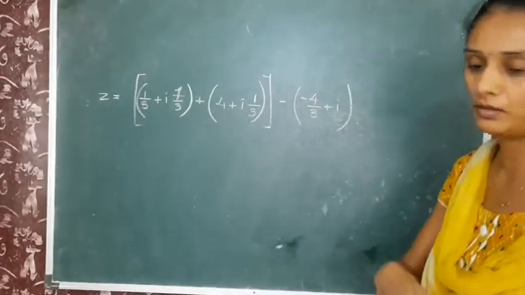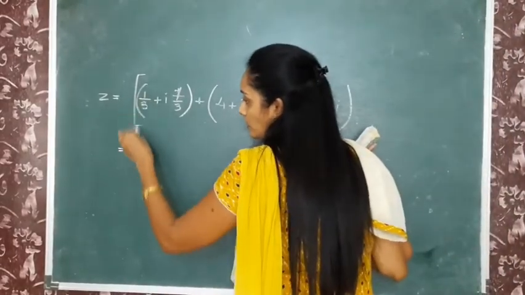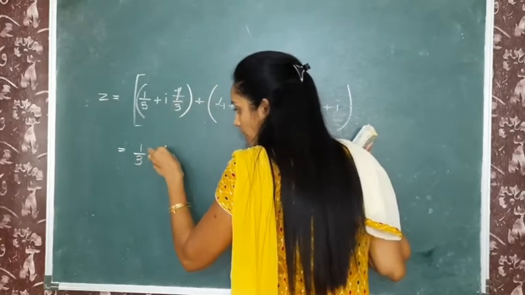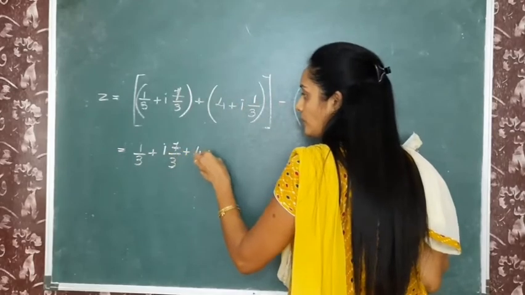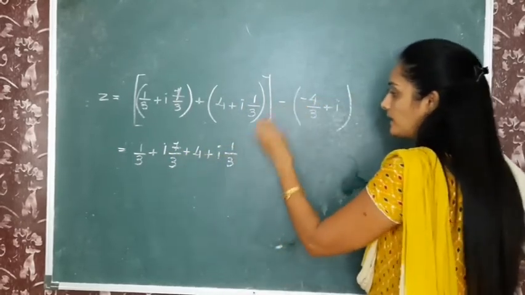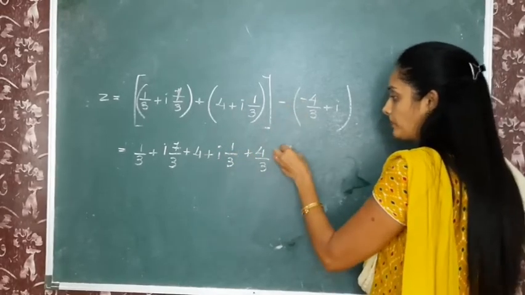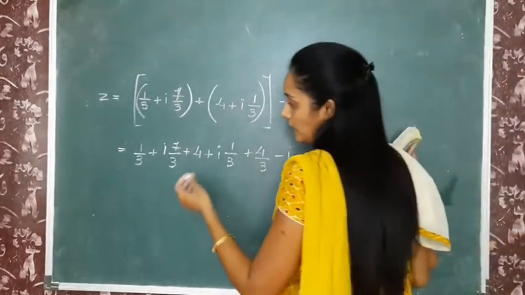Okay, here 3 brackets. First we open all brackets. So here 1 by 3 plus i into 7 by 3 plus 4 plus i into 1 by 3 minus, minus plus 4 by 3 minus plus minus i. Okay, now first we can take all like terms.